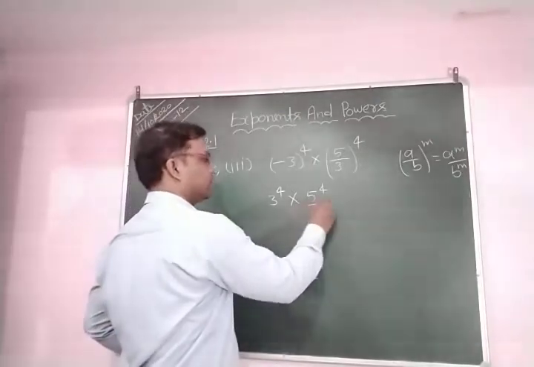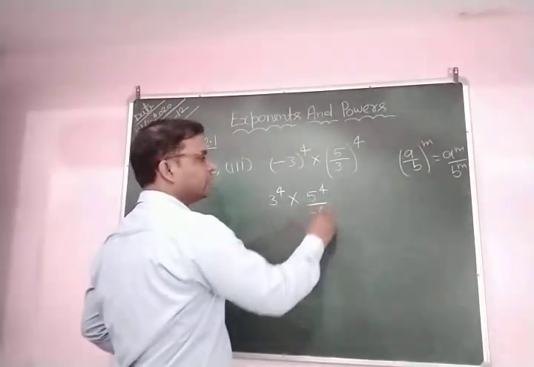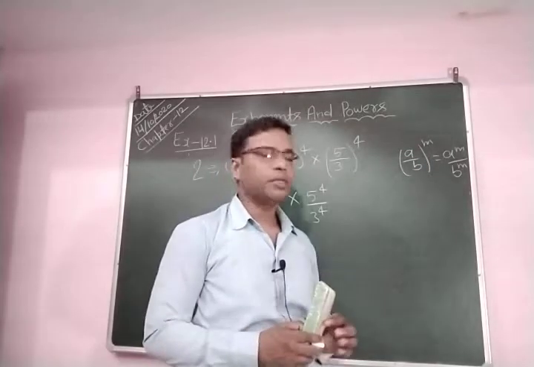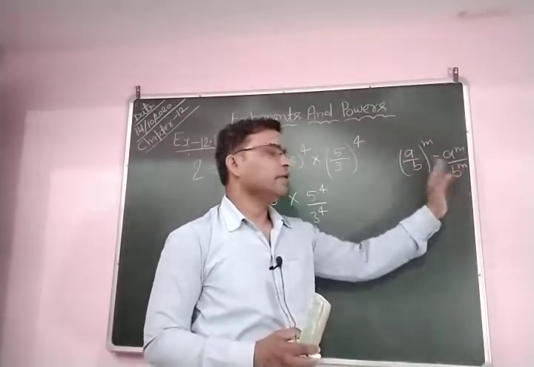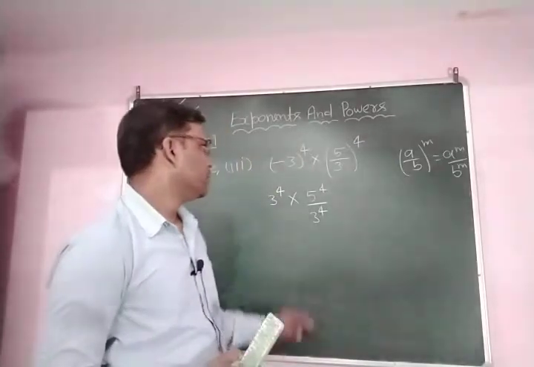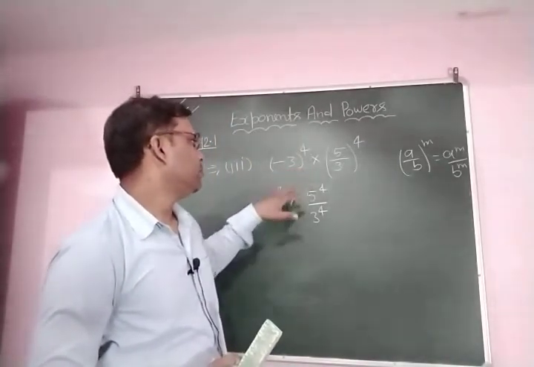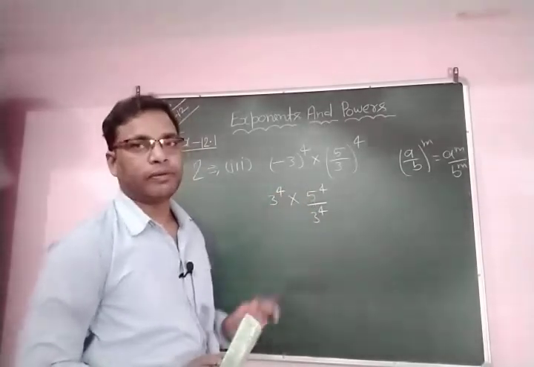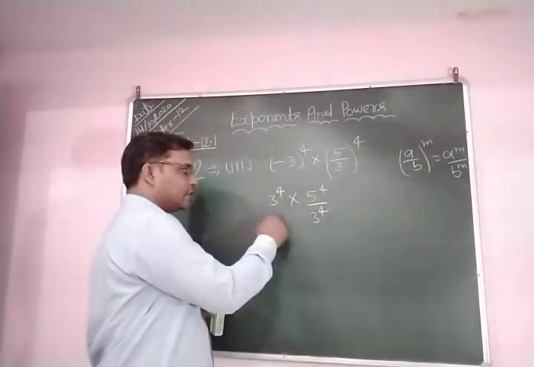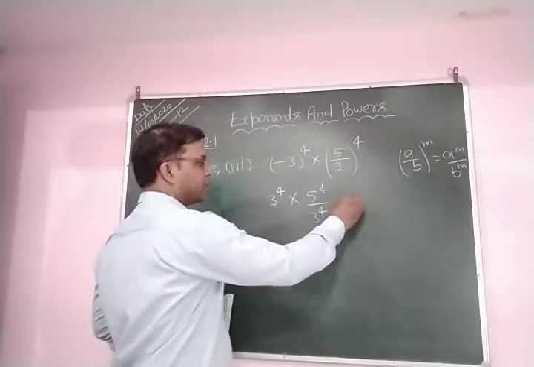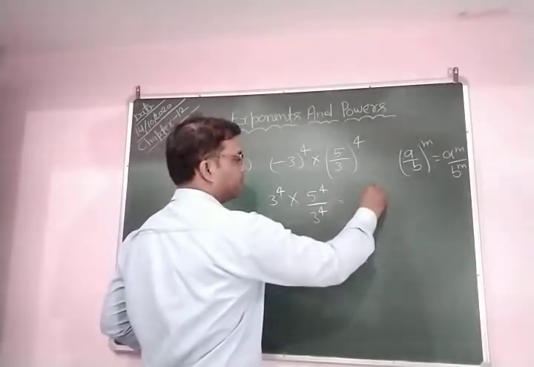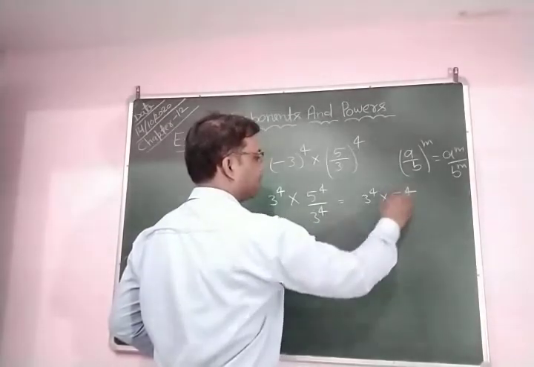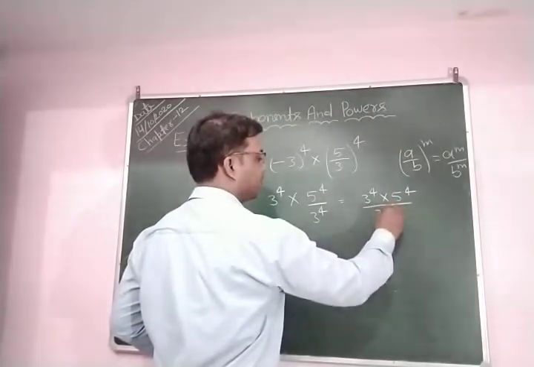Clear? So 3 power 4 into 5 power 4 by 3 power 4.